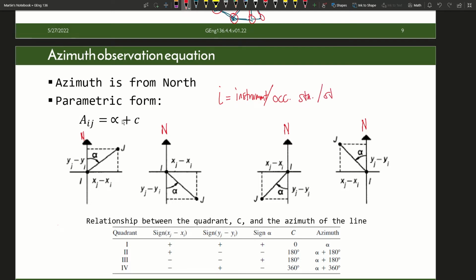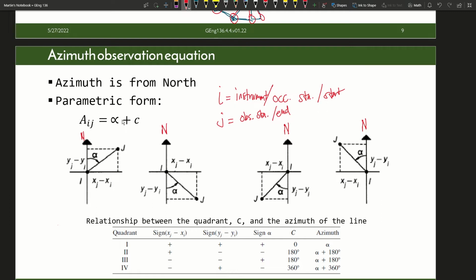And subscript j or station j is your observed station or point. Okay, so hopefully we are clear about that.